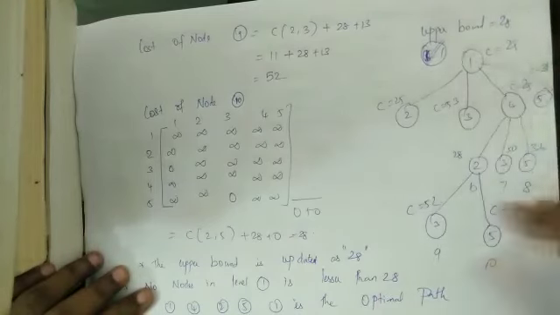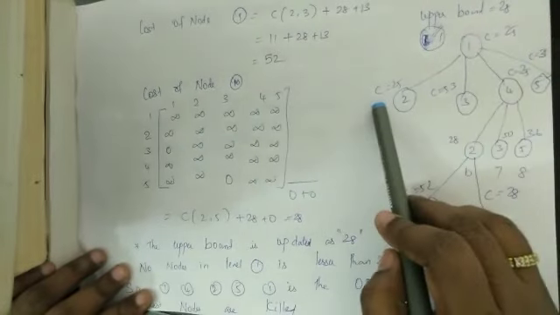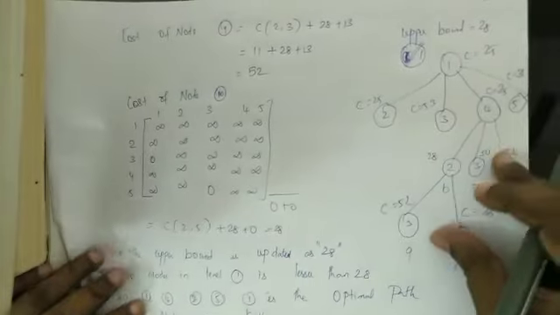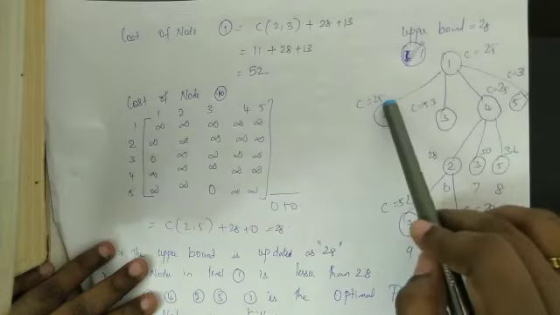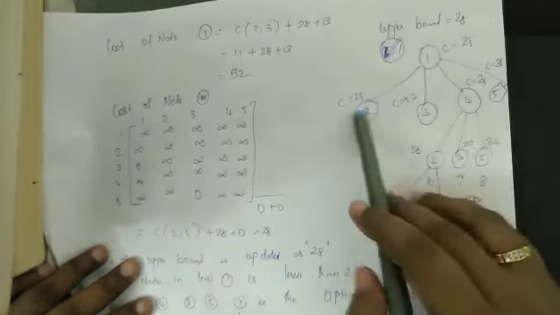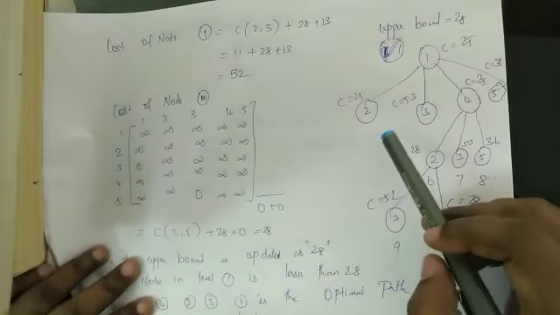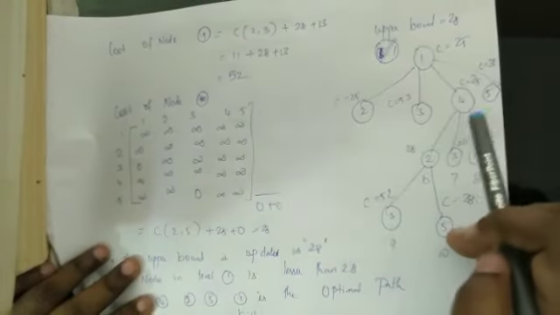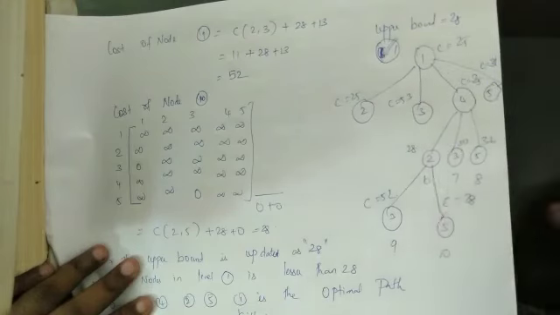In the root node, we now have to check whether we need to explore the nodes at level 1 which are lesser than 28. The upper bound is 28. If anything is lesser than this upper bound, we can explore that node's cost; otherwise, we can leave it. The rest of the costs are greater than 28, so we can kill all the nodes.